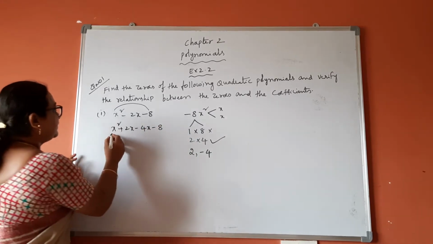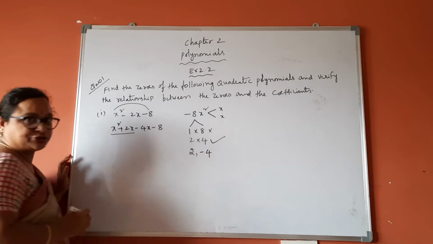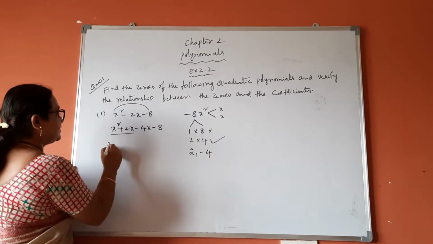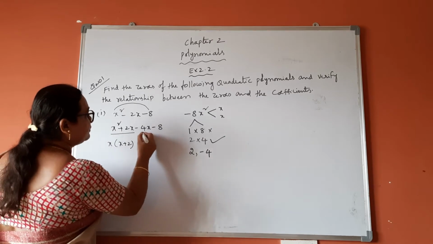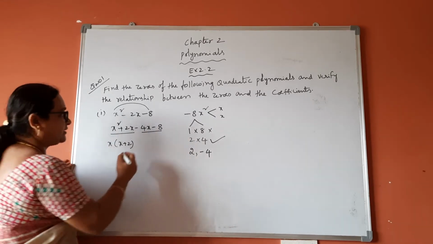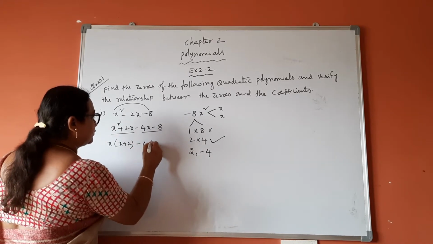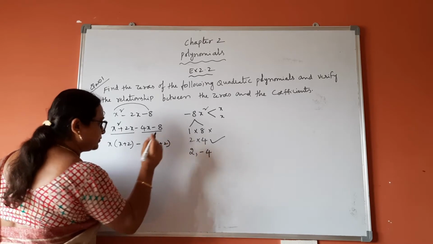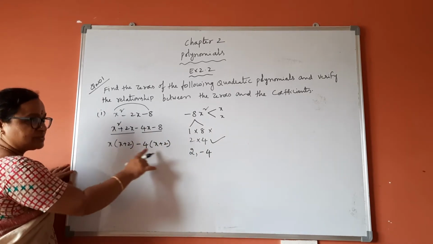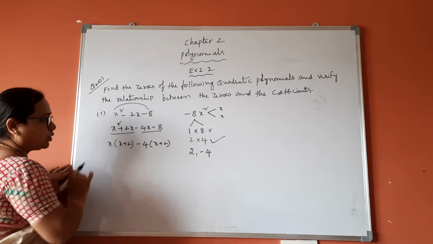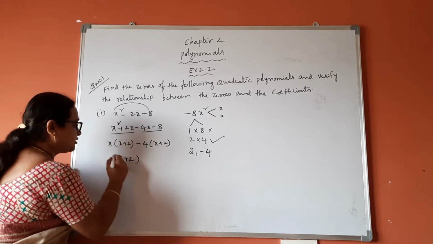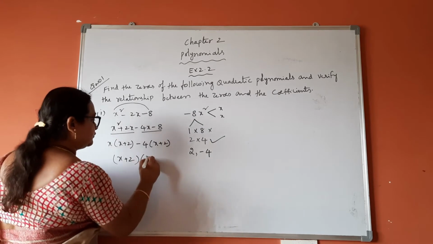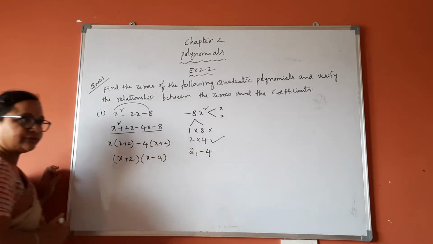Now we will take a common factor from the first two terms. Here it is x plus 2. Here from these two terms, if you take a common factor, it is minus 4. So x plus 2. Now there are two terms. In these two terms, what is common? X plus 2. So if you take x plus 2 as a common factor, we are getting x minus 4.